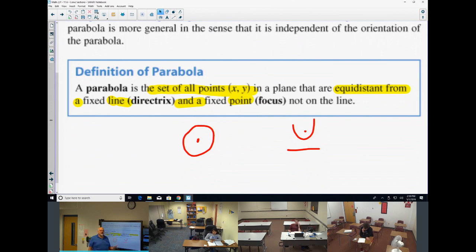Okay? Now, usually that's not how, when you study it in Algebra 2, you don't talk about a parabola in those terms. But here we are, because we're going to be talking about the focus for all of the conic sections. So the point is the focus. The line, we call that the directrix. Okay?